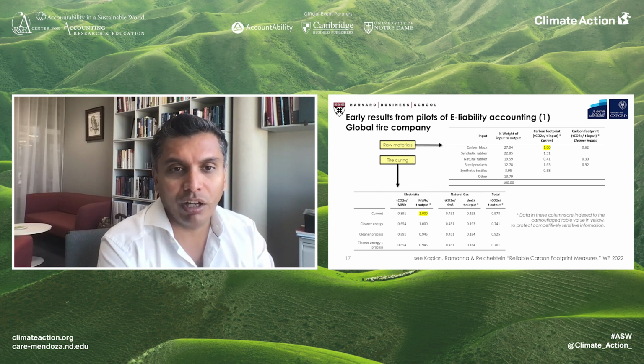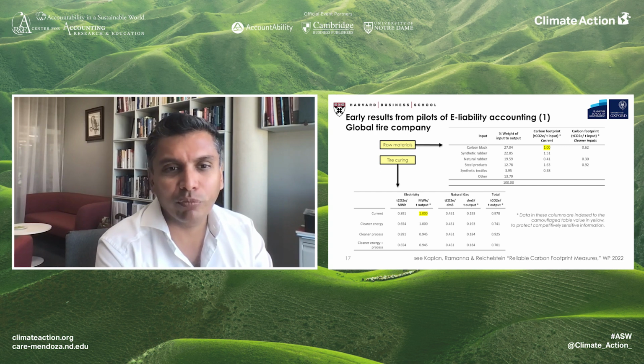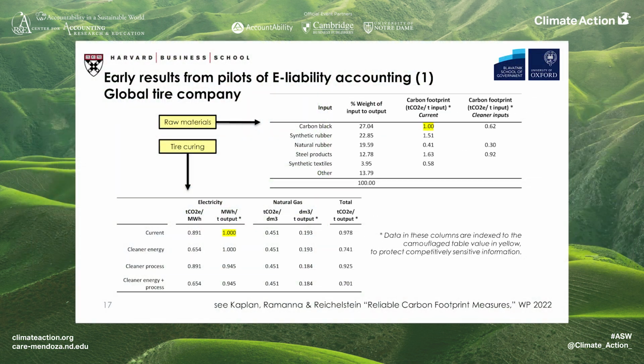So a lot of their Scope 1 impact is coming from, well, effectively this is Scope 2, but they're counting it as their direct impact, the use of purchased electricity from a grid that is based on coal. So they said, okay, let us focus on some alternative sources of energy, alternative sources of electricity.